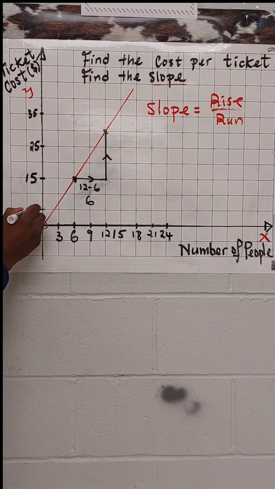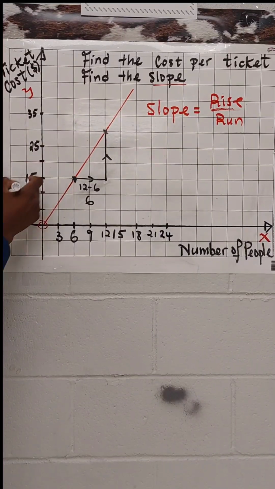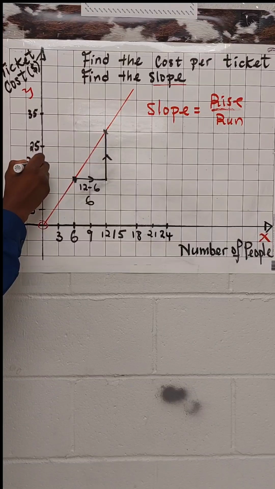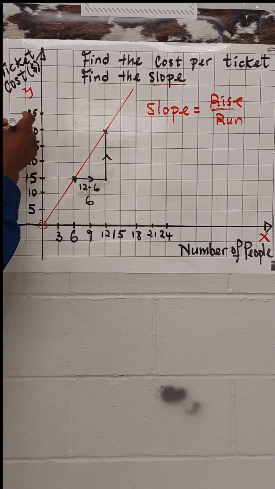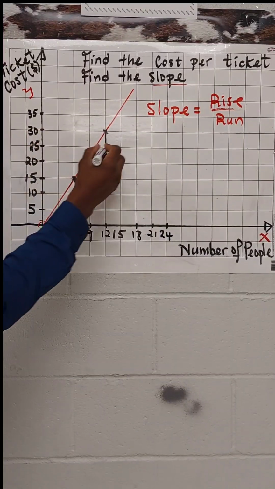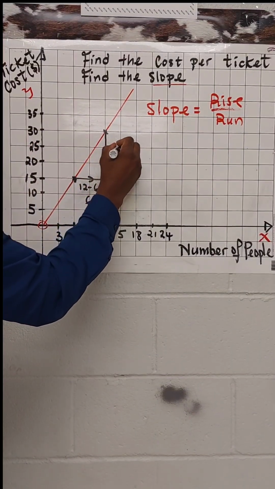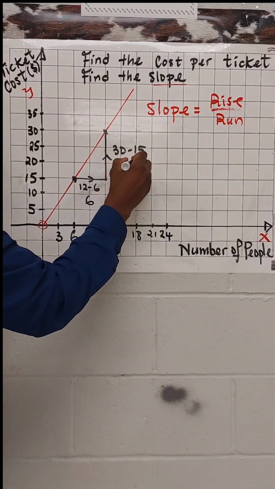So 1 square is 5 units. This will be 5. This will be 10. This is 15. This will be 20. This is 25. Then this will be 30 and 35. So we have a rise from 15 to 30. So our rise will be 30 minus 15, which is 15.